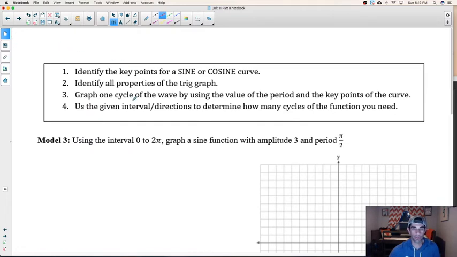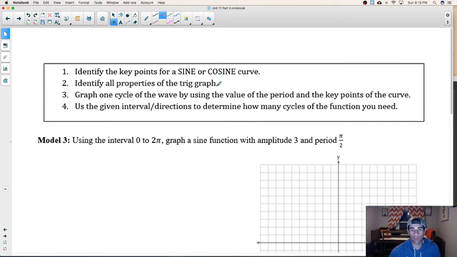Identify key points. So now let's graph sine and cosines. Why this whole time did I not use a calculator? Because of these examples right here. Okay? What happens if I didn't actually give you the function and I just gave you, say, the amplitude, the frequency, and the period? So identify our key points for sine and cosine. Those are our critical values.